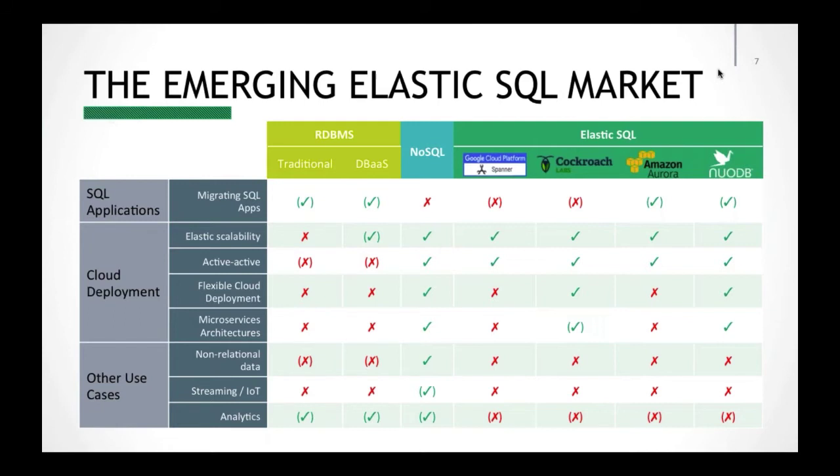So we can run NuoDB across both Google Cloud, Amazon, as well as Microsoft Azure, right? So you're not locked into a specific vendor, and you can also support availability outages across any one vendor.